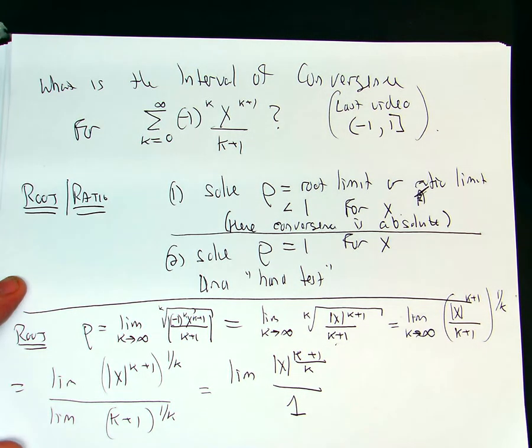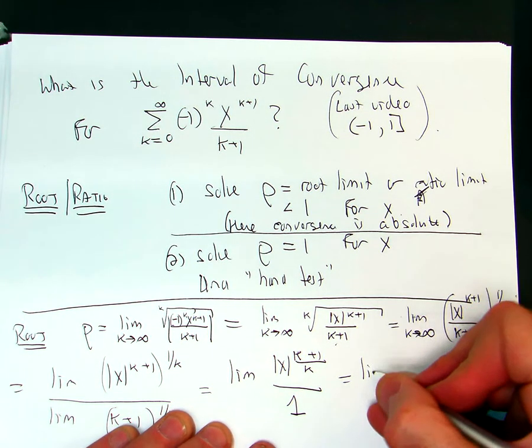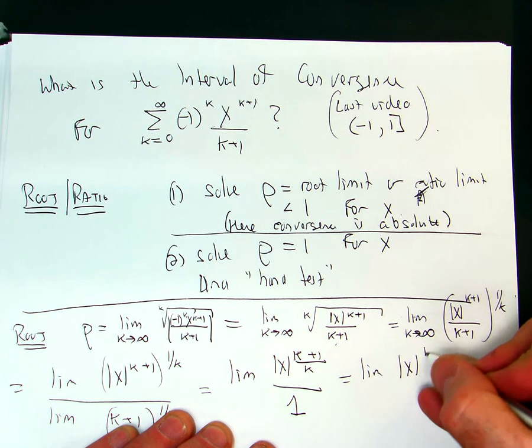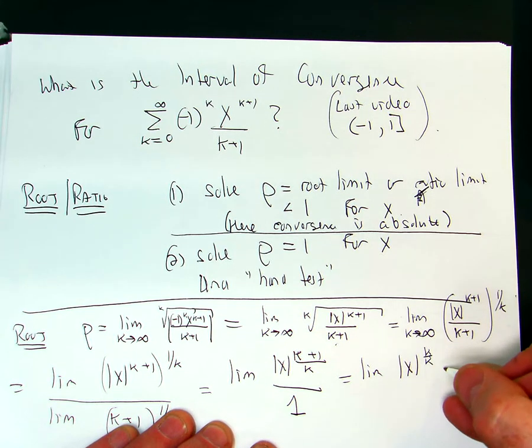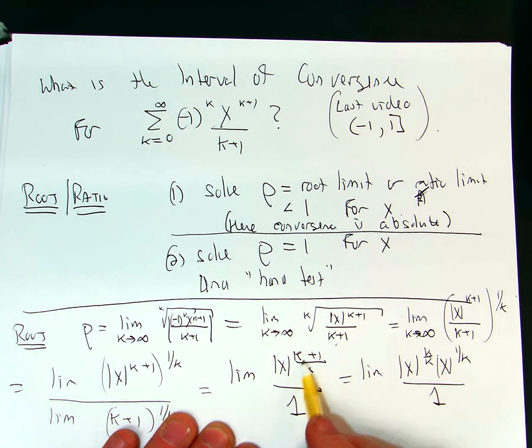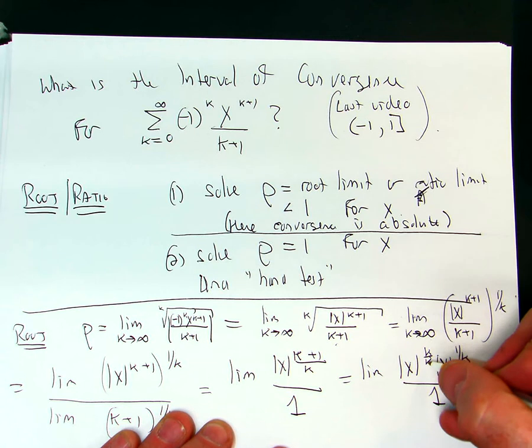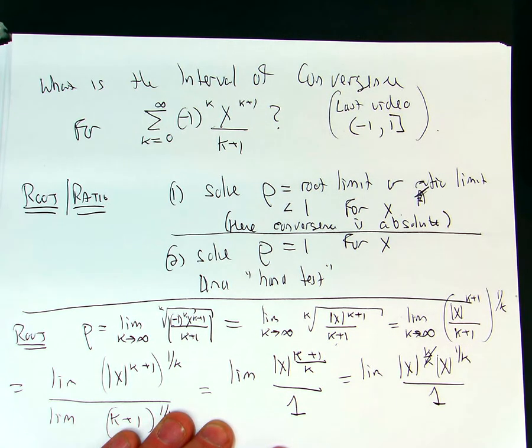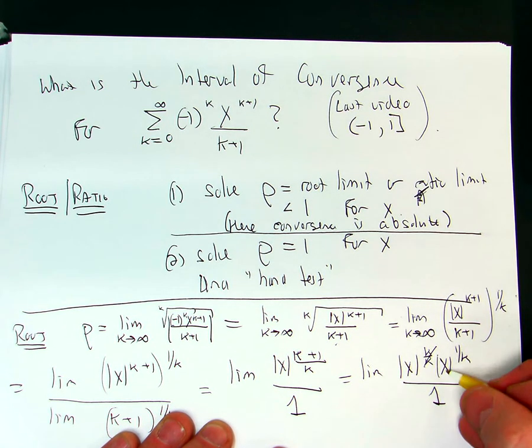We've shown that in class, so this is going to be the limit of absolute x to the k over k, absolute x to the 1 over k, over 1. Splitting this up into 2, this is going to just be x right here, and this is going to go to 1.